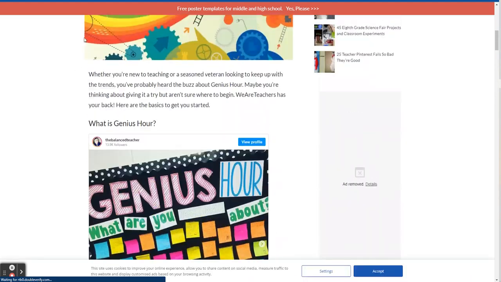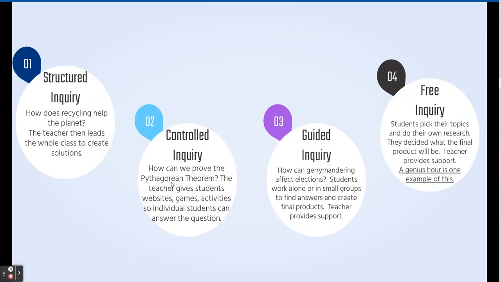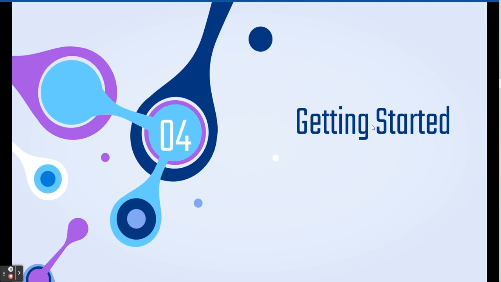But again, don't start with a Genius Hour. Students just don't know what to do. So begin here in the beginning. You could even skip structured inquiry and go right to controlled and guided inquiry, if that makes sense for your students. But I absolutely do not recommend starting with free inquiry. They fall apart.